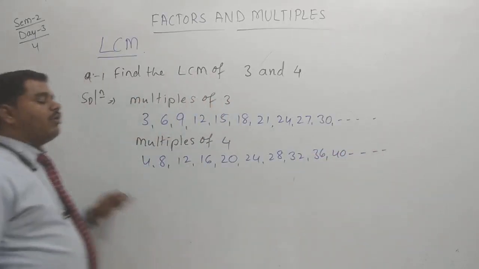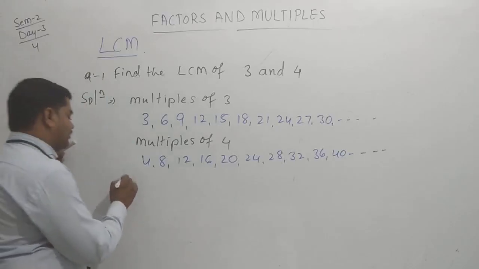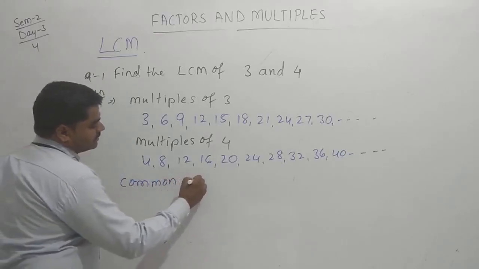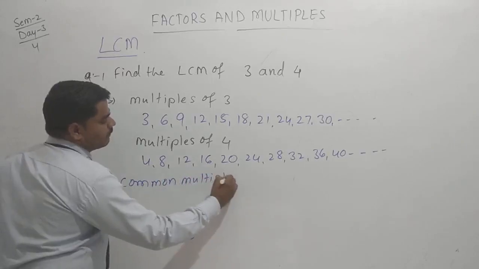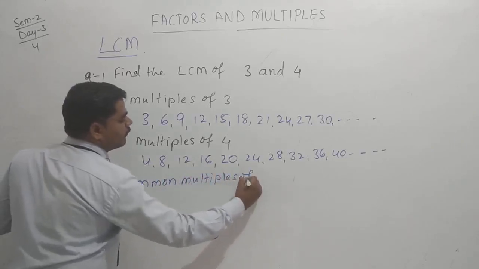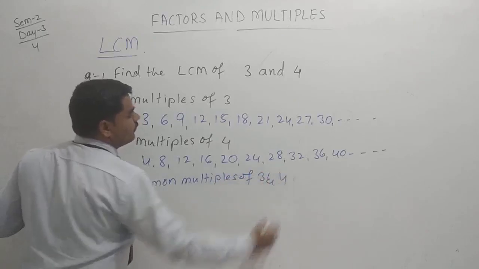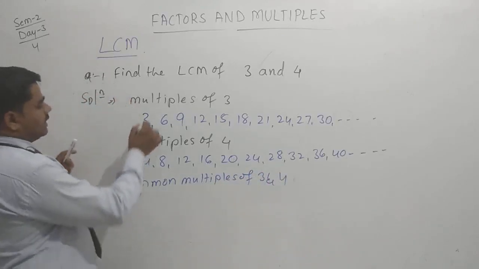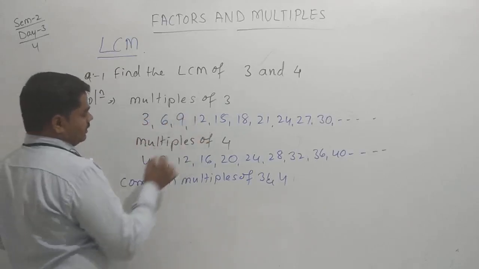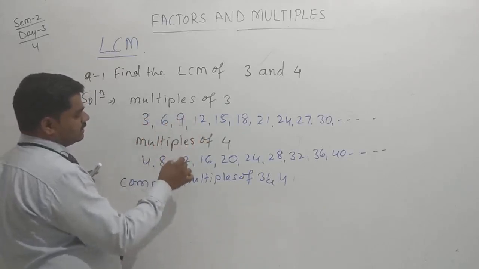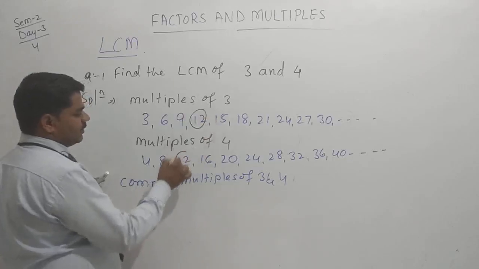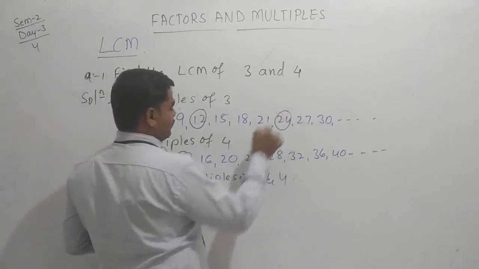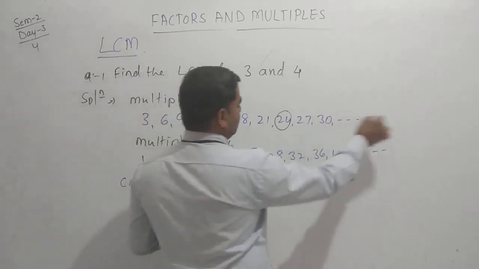Here write the common multiples. What are the common multiples of 3 and 4? Circle them here. 3 is not there, 4 is not there, 6, 9, then 12. Yes, 12. Again 24. Here there is no more.